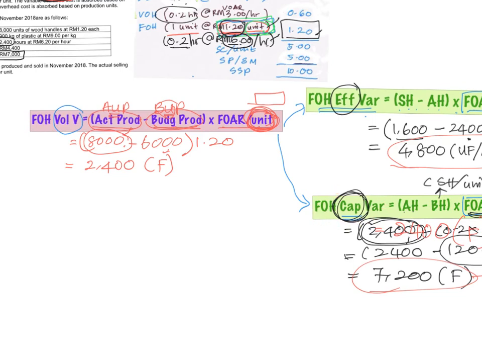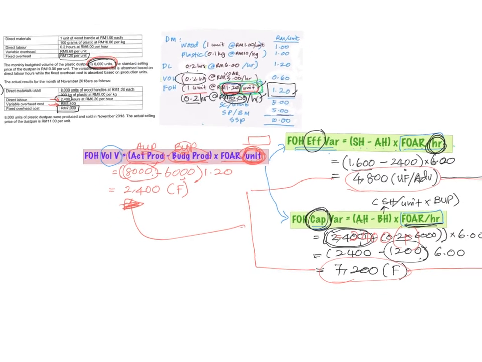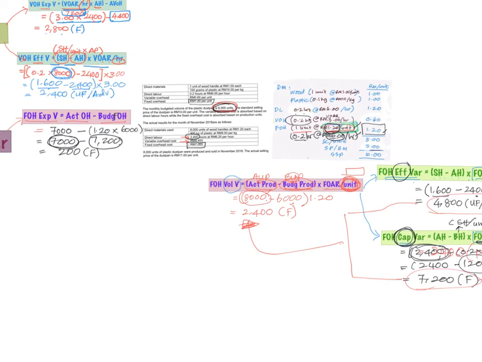The total here is 2,400, which is actually, if you total up these two, then you will get back this figure, exactly 2,400 favorable variance.